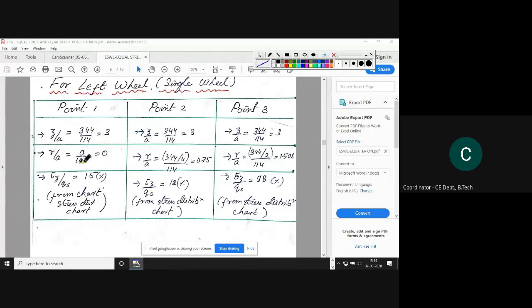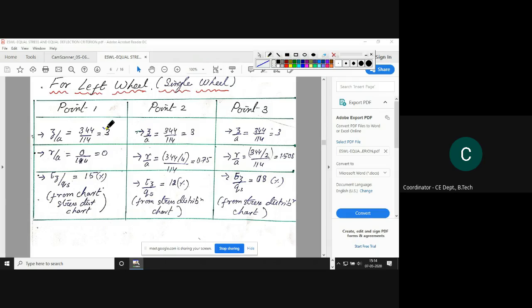That's why it is 0 by 114, which is 0 again. Second point is at S by 4 distance from the left wheel. Here S is 344, so 344 by 4, A is again 114, so you are getting 1.75. And point 3 is between the two tires, so 344 by 2 by 114. A is 114, so we are getting these values.